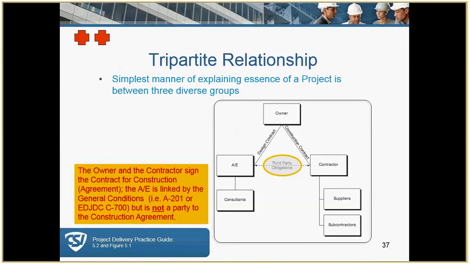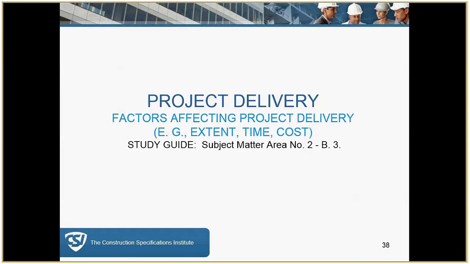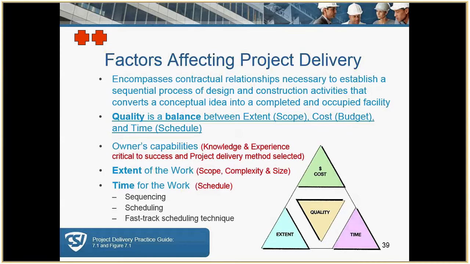Still on project delivery, we're going to talk about factors affecting project delivery. This is a really important subject area. 2 of the red plus signs. And what you're looking at is the triangle. This is also in your study guide. What we have is cost, extent, and time.